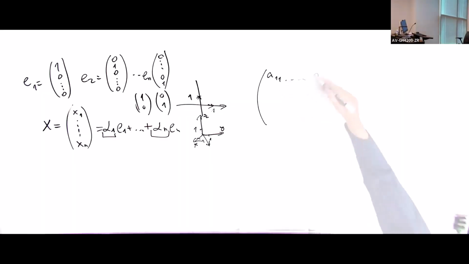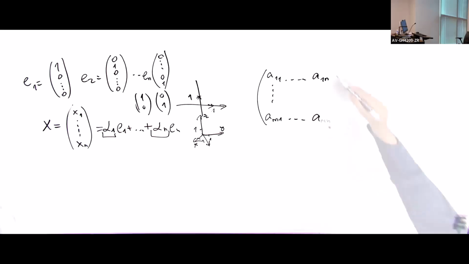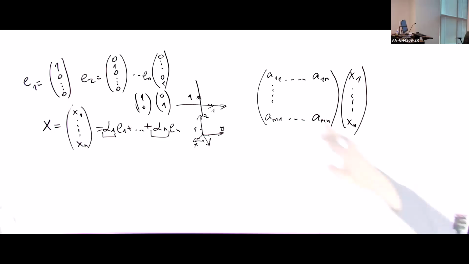Take any rectangular matrix A of m by n, and a vector X with elements x1 through xn. You need to have the same number of elements in the vector as columns in the matrix.